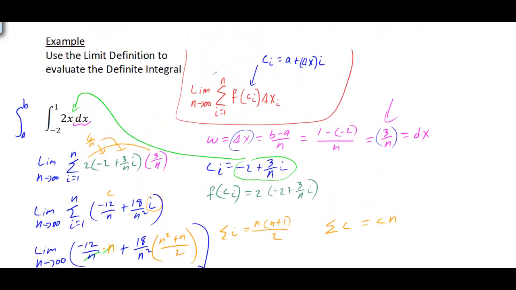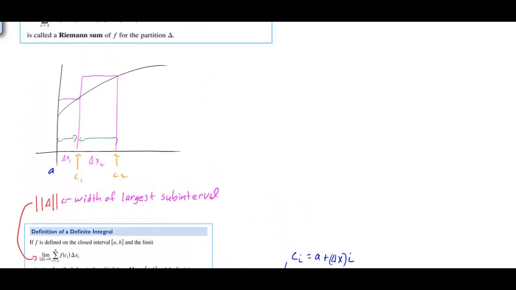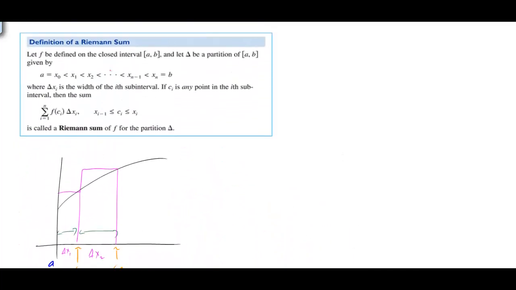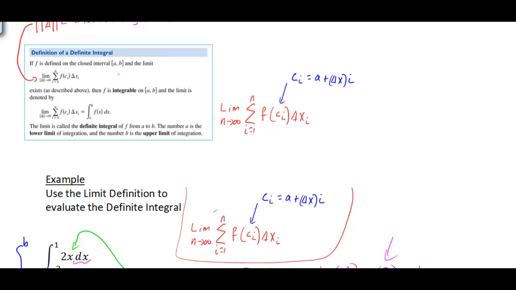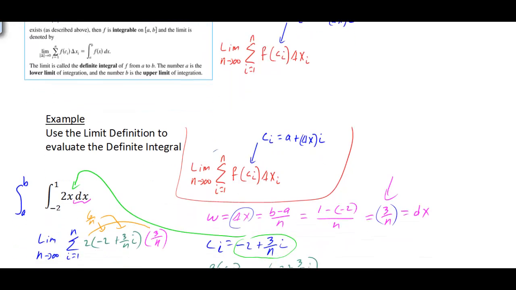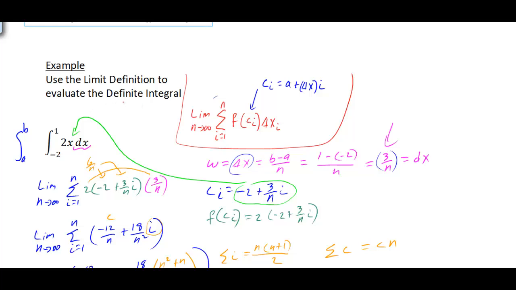All right, keep in mind, I know I went through this rather quickly. If you need to, go back and look at this definition of your Riemann sum a little bit. The main reason I was trying to cover this is to lead into the definition of our definite integral, which here we're using this limit definition to evaluate.